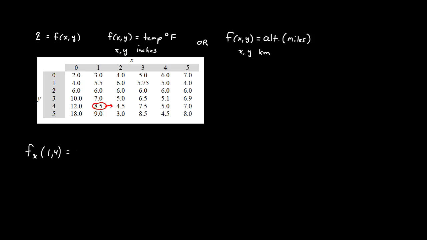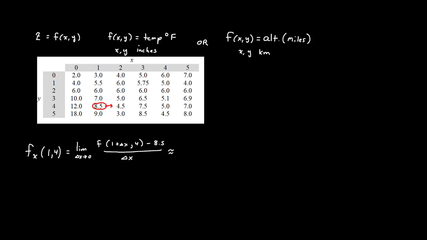If we use what it actually equals, we would say the limit, as h or delta x approaches 0, of f of 1 plus some delta x, comma 4, minus f of 1, 4, and f of 1, 4 is the 8.5, all over delta x. But that's what we want to approximate.